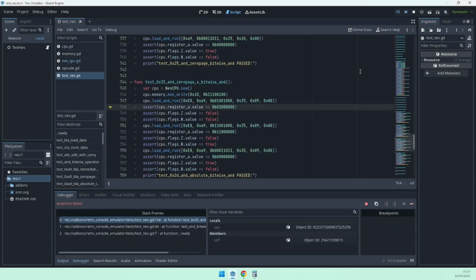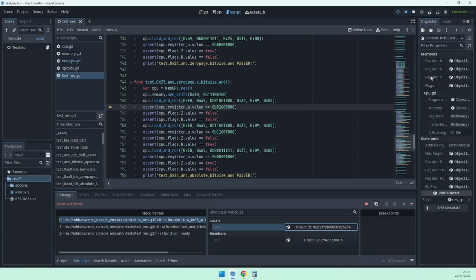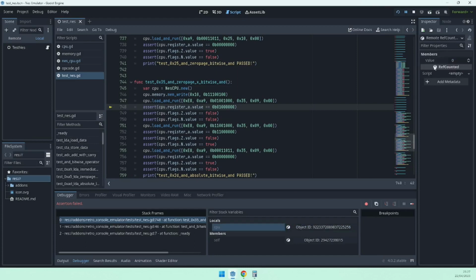And it failed. What did I do wrong? What is register A0?